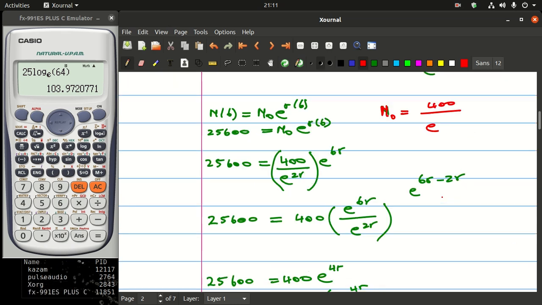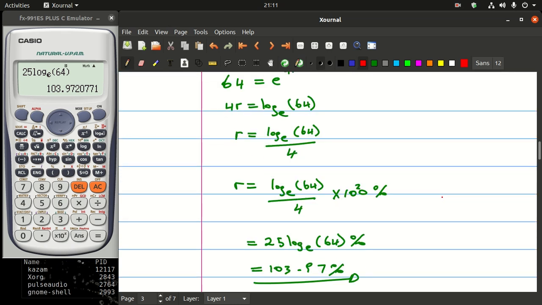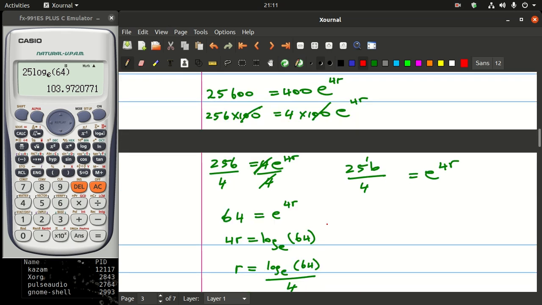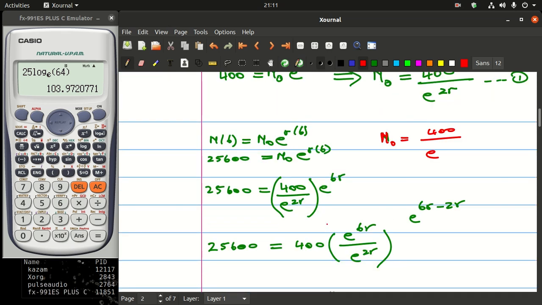Our original r, if you look here, where's our r? Our original r was log e 64 all over 4, and then you multiply this by 2.